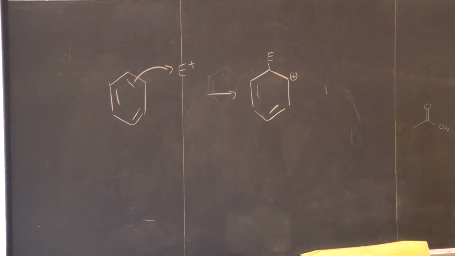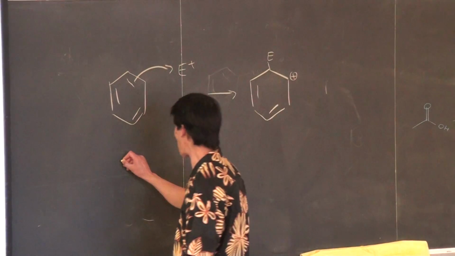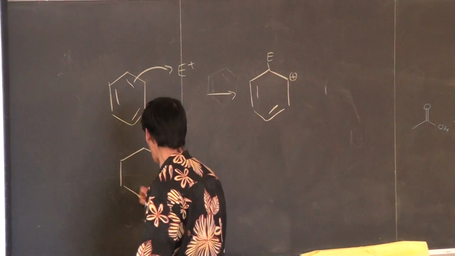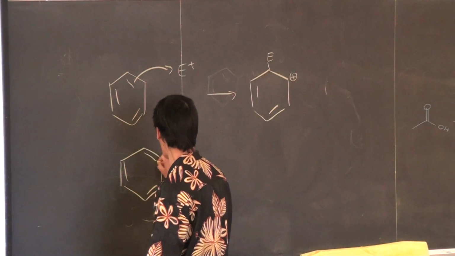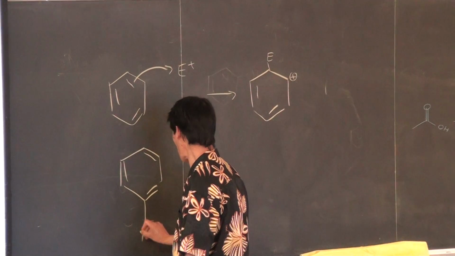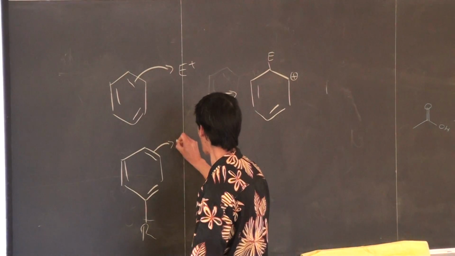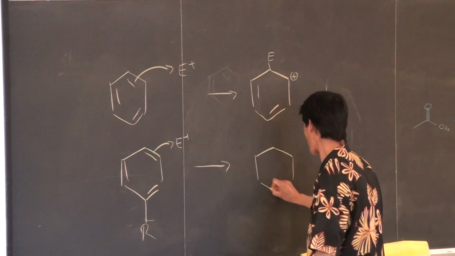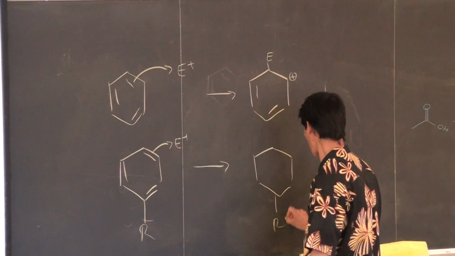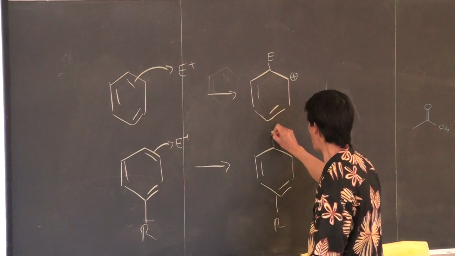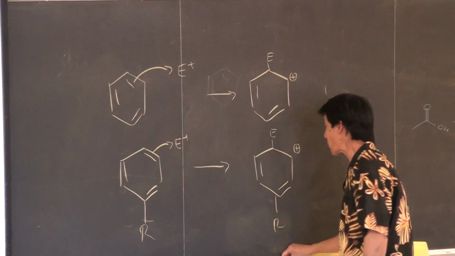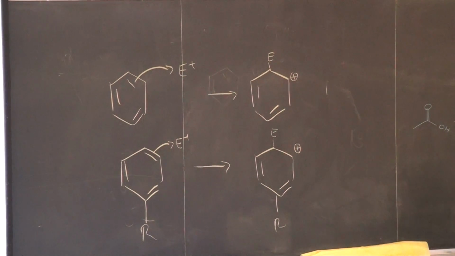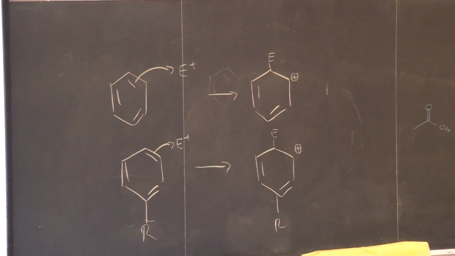Or, if we put a substituent on the ring, say let's put some R group here. We'll do the same thing. But remember in class, what do we do to figure out where it reacts?